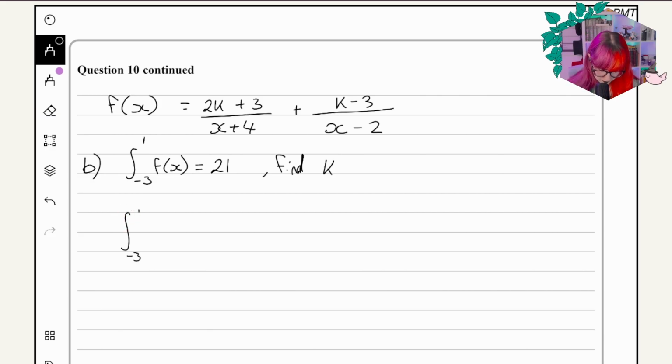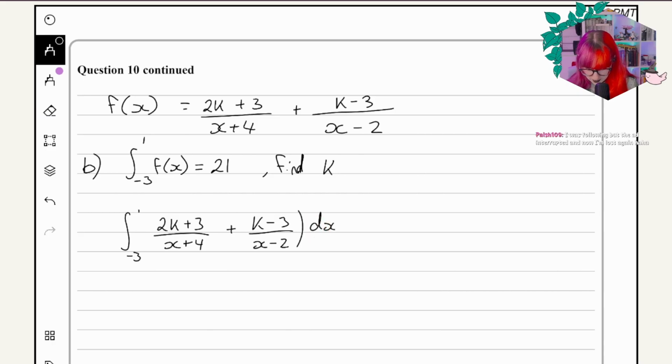So I get from minus 3 to 1 of 2k plus 3 over x plus 4 plus k minus 3 over x minus 2 dx. And we know that it's equal to 21. So we can keep that constant.